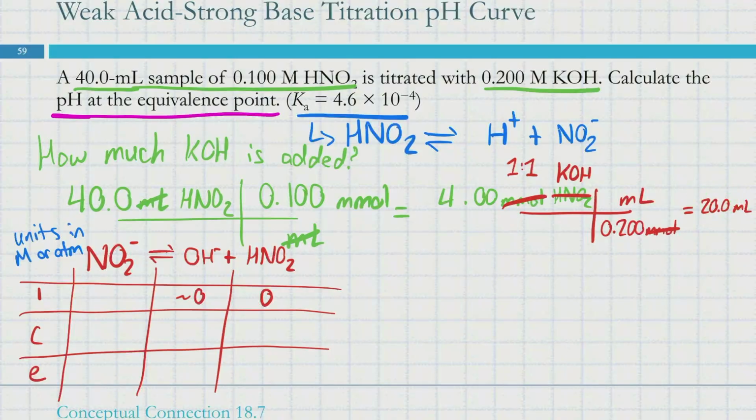So 20 milliliters plus 40 milliliters, 60 milliliters of solution, and we've got 4.00 millimoles of NO2 minus.